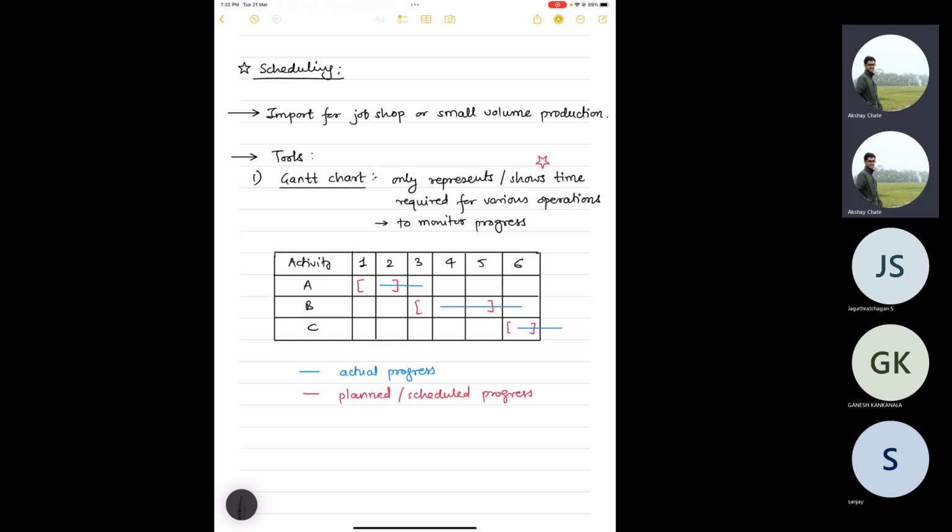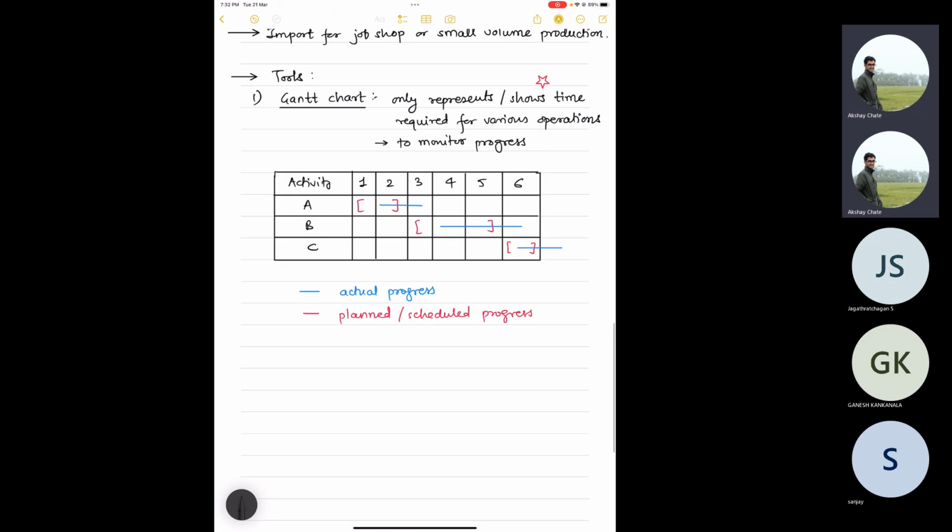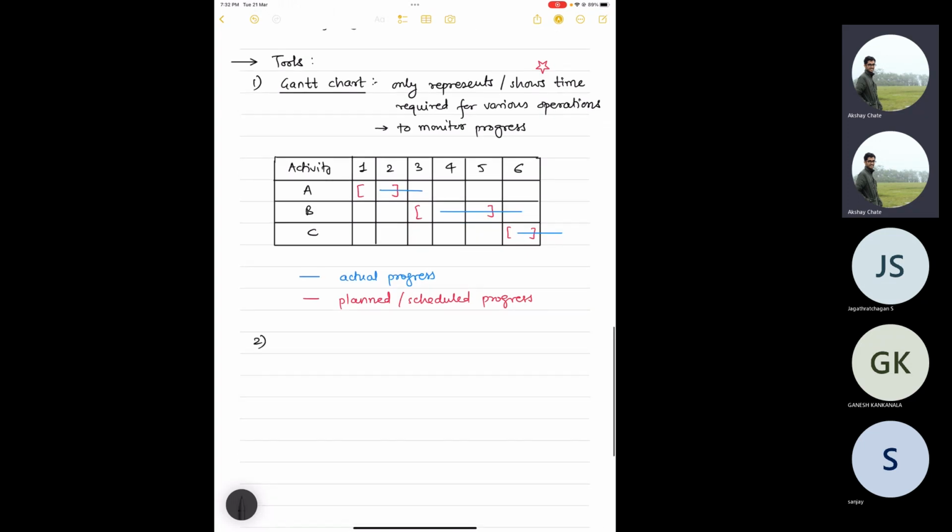So then, after the Gantt chart, there are different scheduling techniques. They come under the category of priority decision rules. We will take different examples of this because this is interesting and some maths is involved.